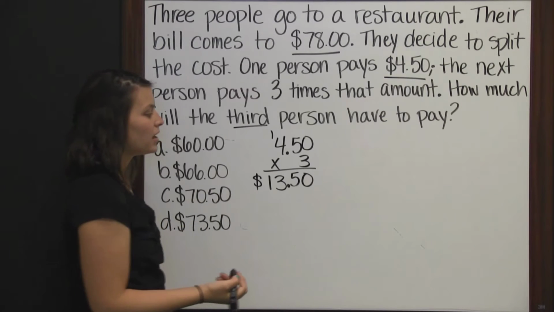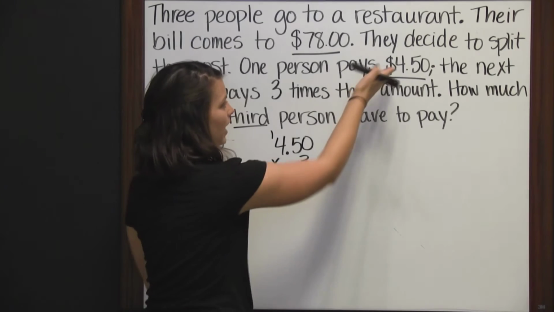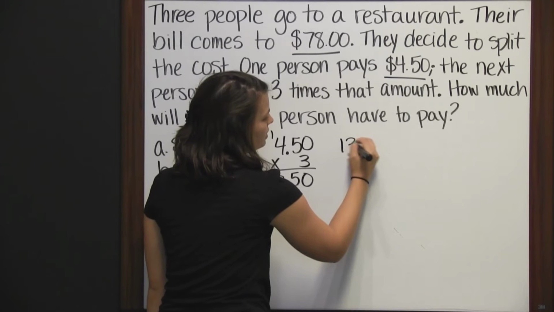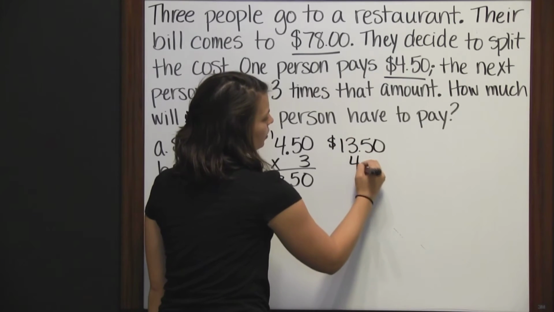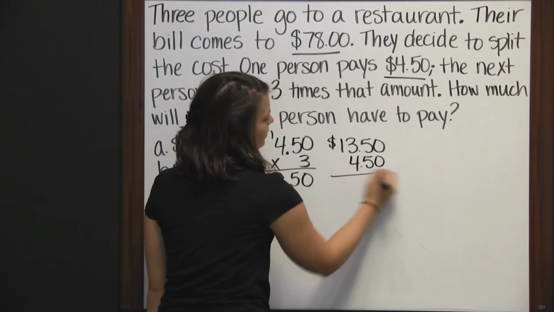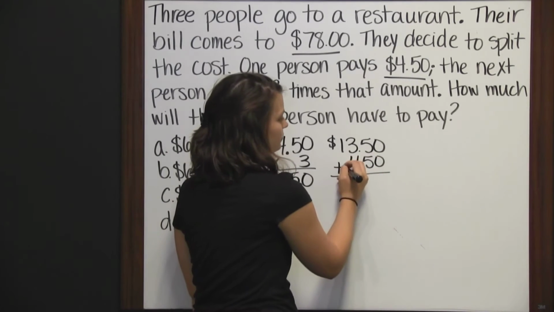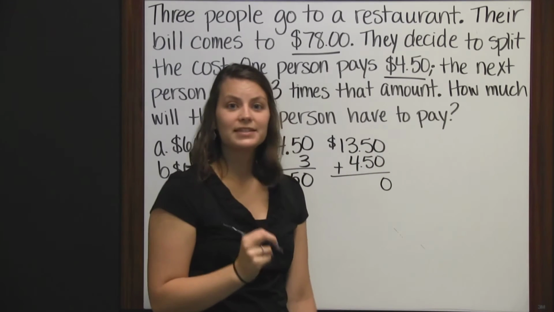Still, though, that doesn't tell us how much the third person paid. In order to figure that out, we first have to figure out the total that was paid by the first 2 people. So take $13.50 and add the $4.50. This will give us the total that was already paid. 0 plus 0 is 0. 5 plus 5 is 10.